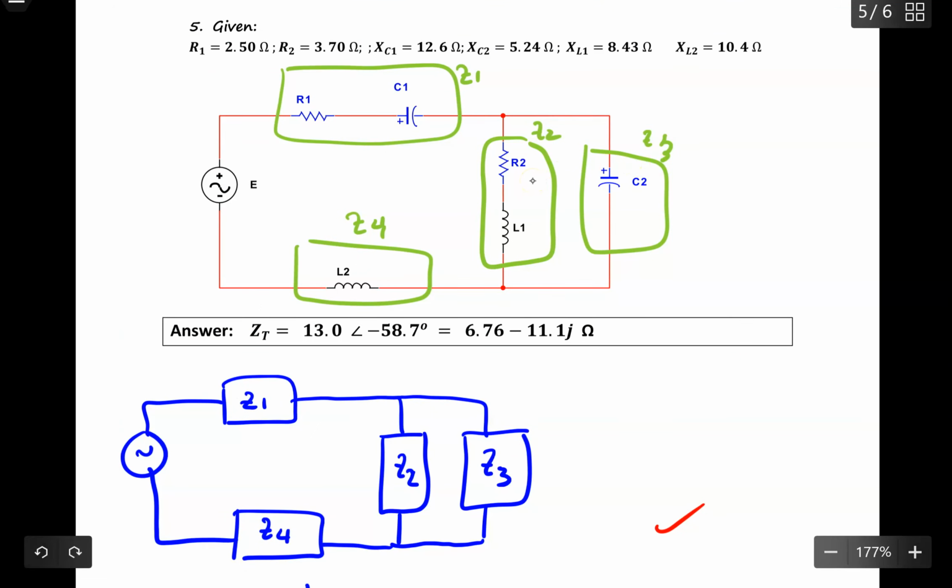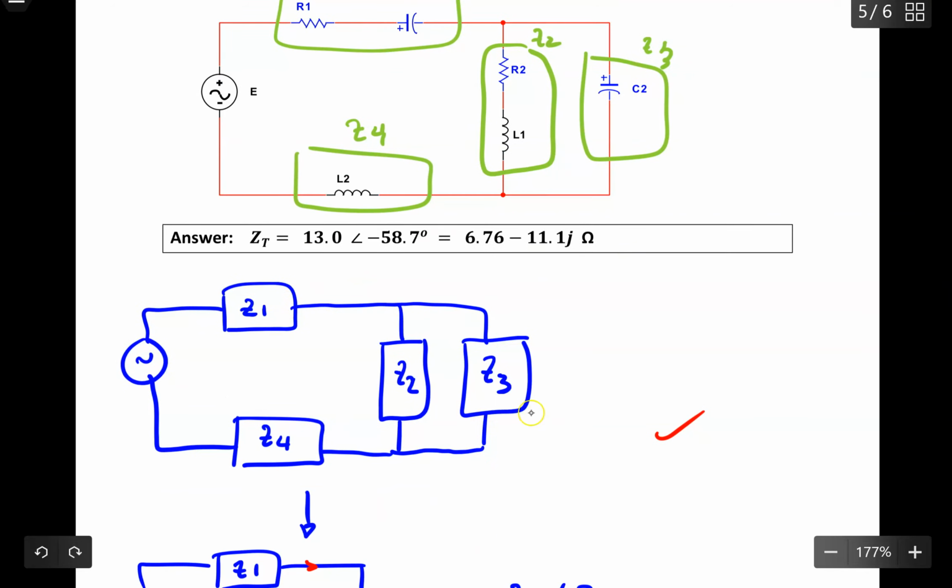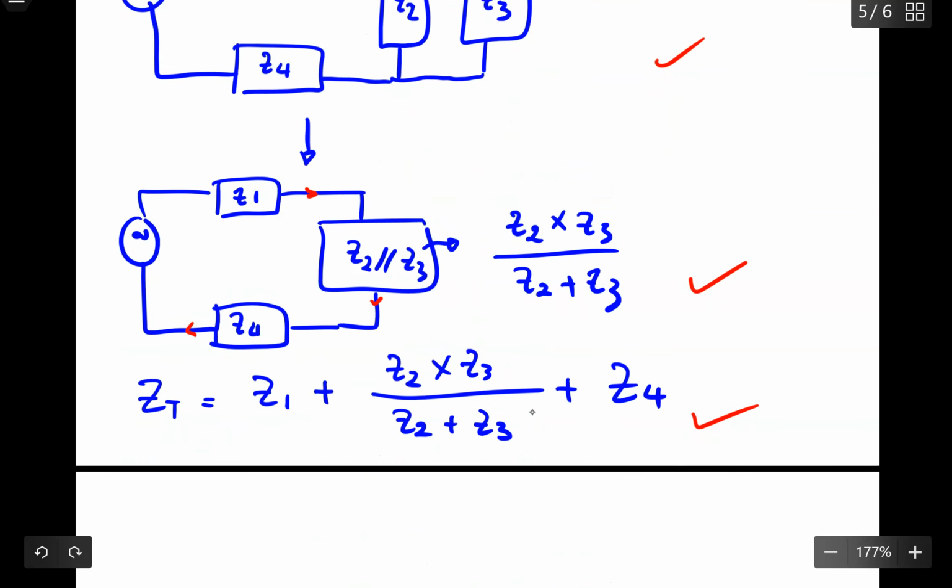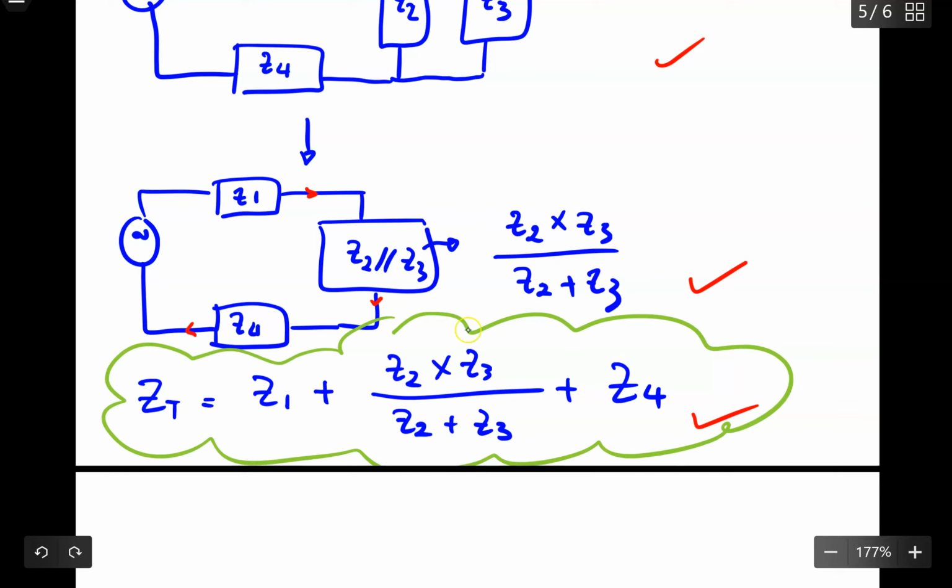It looks quite complicated, but if you analyze it in terms of phasors, in terms of individual impedances, connect them again in a circuit to recognize they are in series and parallel, and draw these formulas out of that circuit and your analysis, all you have to do is substitute the values in for Z1 and Z4 in rectangular, and Z2 and Z3 in rectangular but convert to polar form as well.